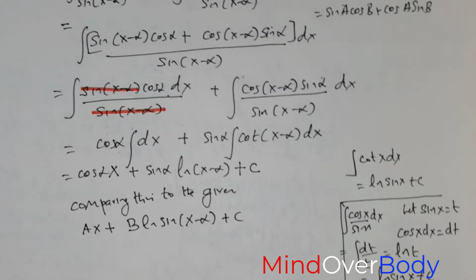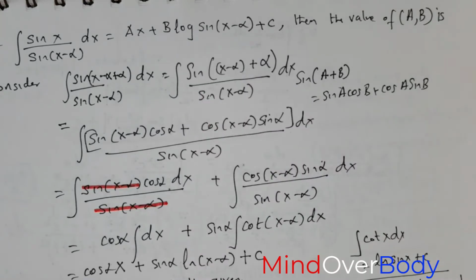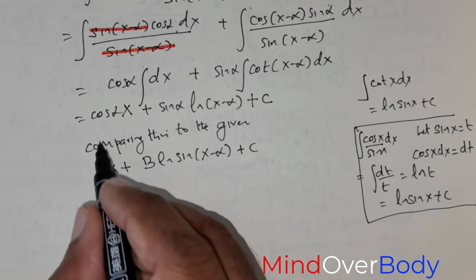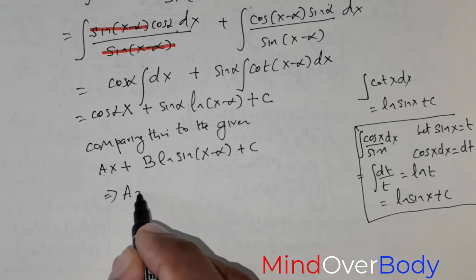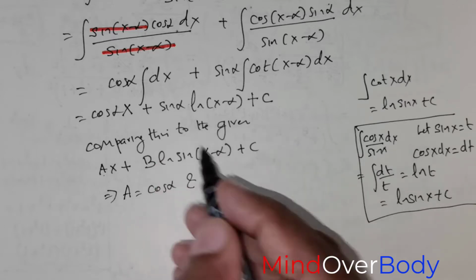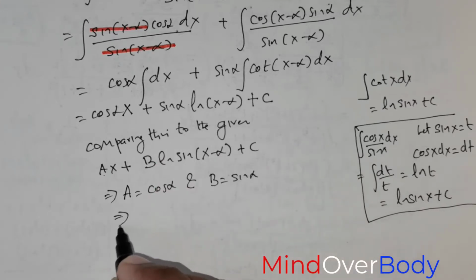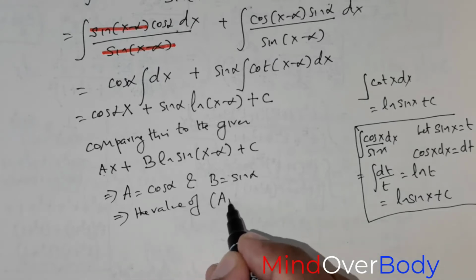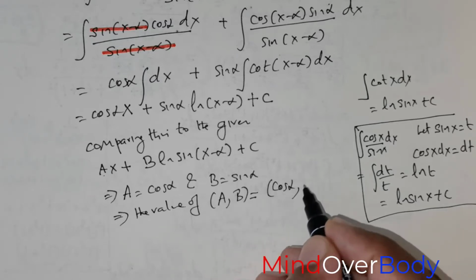As I mentioned to you, whenever they give us log, it is actually log to the base e. So always remember that. In the place of a, I got cos alpha, so a is equal to cos alpha, and in the place of b I got sin alpha, so b is equal to sin alpha. This means the value of (a, b) is (cos alpha, sin alpha).